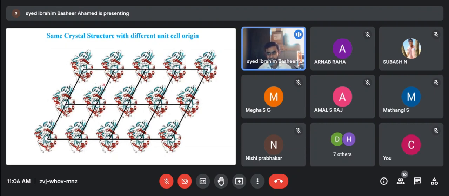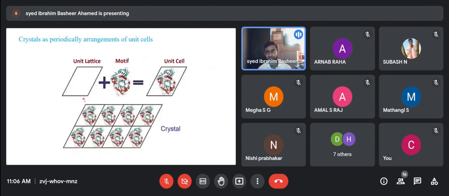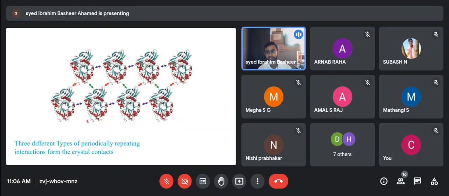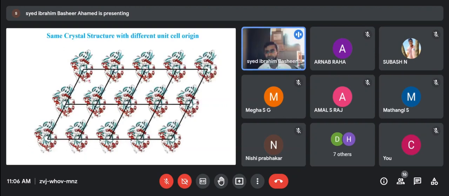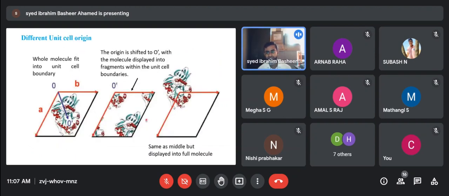Whatever it is, the volume of the unit cell will be the same, and the content of the unit cell will also be the same. If you arrange these fragments, you get the entire molecule. The same kind of interaction you can find here also, but the origin is shifted.